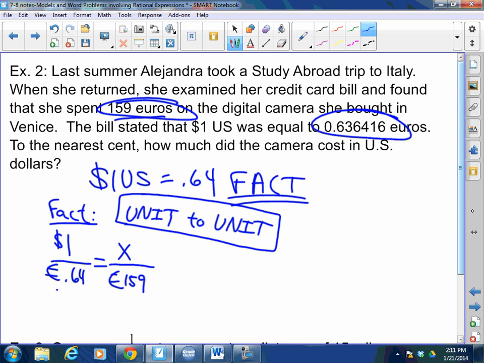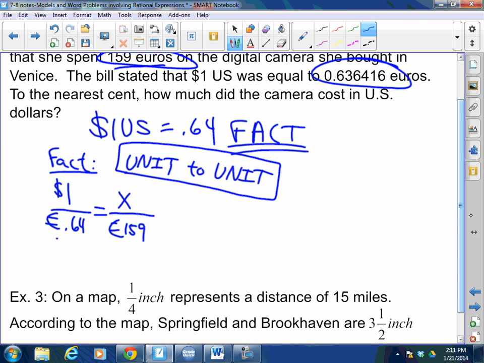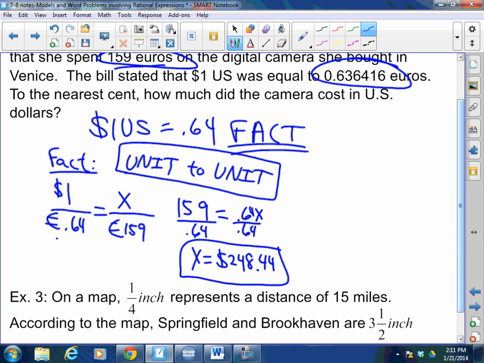Now let's do this Mickey Mouse style with your calculator. How do you guys want to do this? Cross multiply? Yeah. So 159 equals 0.64x, divided by 0.64, divided by 0.64. So x is going to equal, to the nearest cent, $248.44. That's how powerful the euro is, guys.